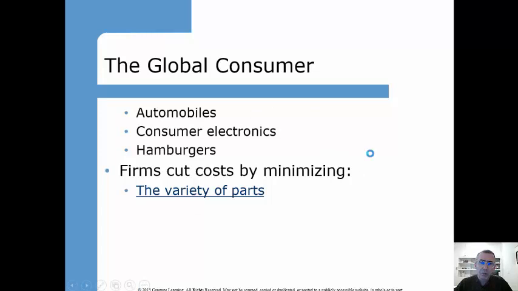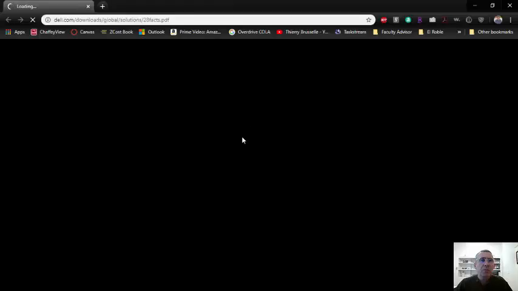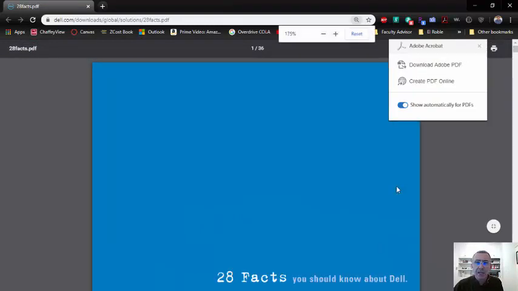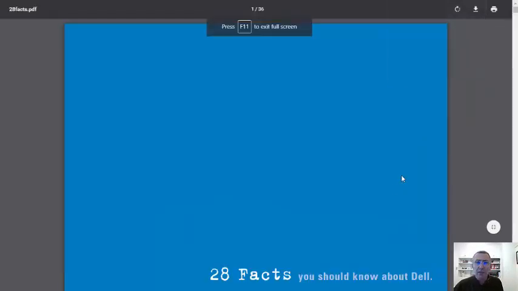So what we have here, as some examples, are manufacturers that want to reduce those parts. This is from Dell, and your author actually talks about this. So whenever I can, I try to keep everything aligned with the author and the text. But some interesting little factoids here about Dell.